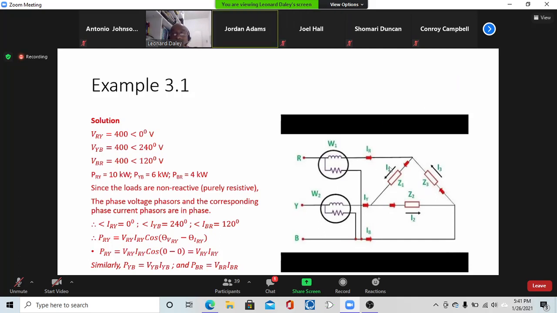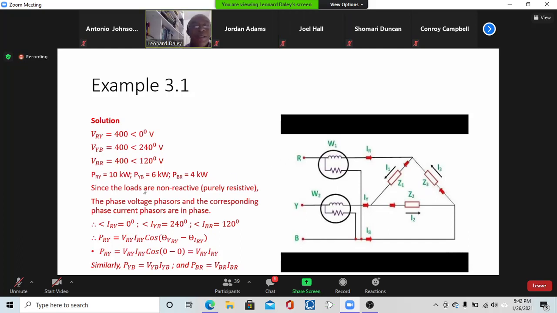Because we need line currents. We won't be able to find the line currents without knowing what the phase currents are. And since it's an unbalanced system, it's important now that you find the phase current in each phase. With me? Yes, sir.